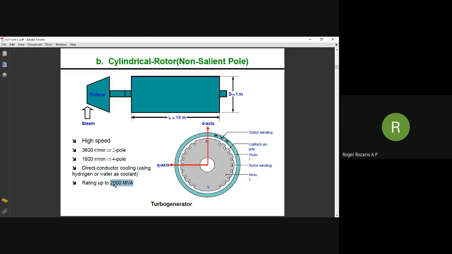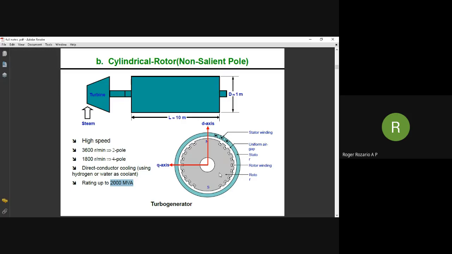The salient pole alternators are low rating alternators, whereas your cylindrical rotor alternators are high rating alternators. And what about the air gap here? Look at the air gap. Air gap is uniform. This is the stator and this is the rotor. Both rotor and stator construction are similar. So air gap is uniform here.